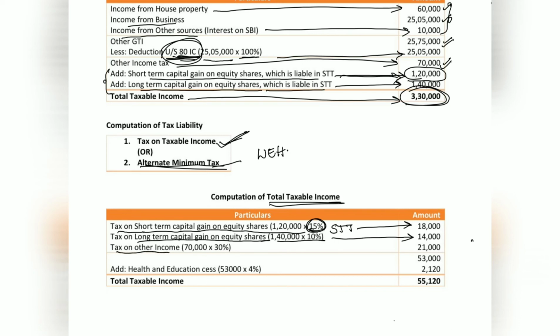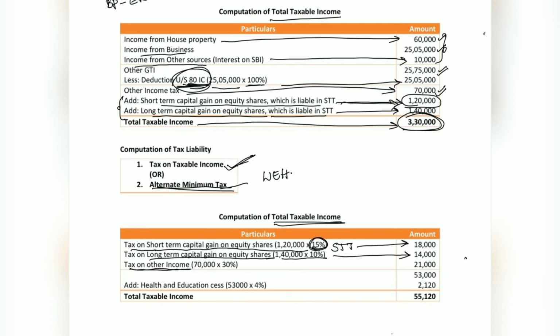Now tax on other taxable income. We have not considered house property income under these two heads. So let us consider under this head 60,000, plus we have business income of 25 lakh 5,000, also other source income which is interest from SBI, value 10,000.